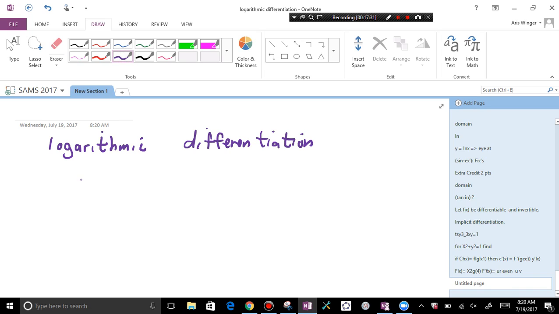So I think you were given something like y equals the natural log of the square root of some ridiculous thing, like 2x plus 3 over 7x minus 5. It doesn't matter what it is. You want to find the derivative.